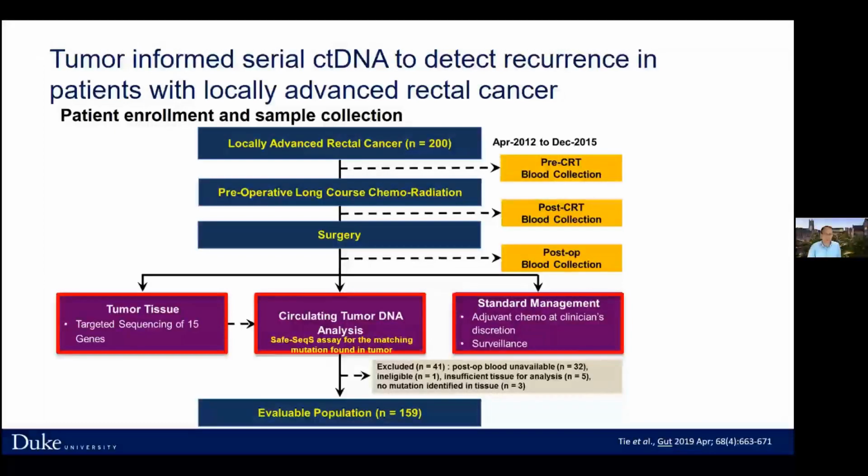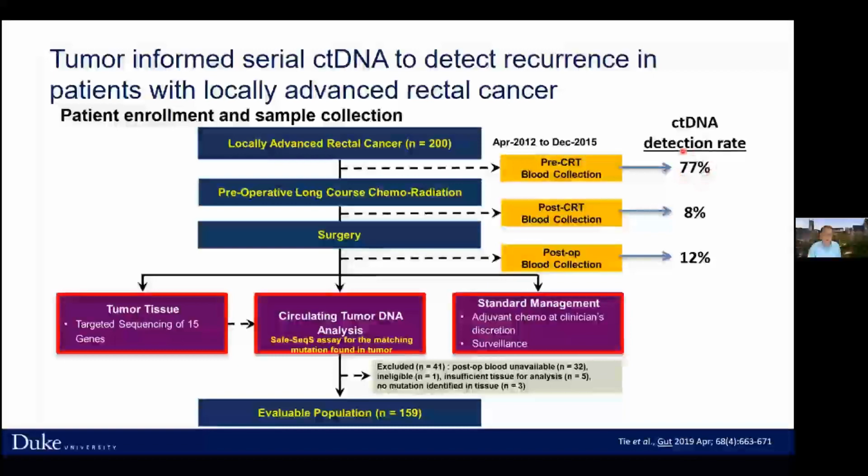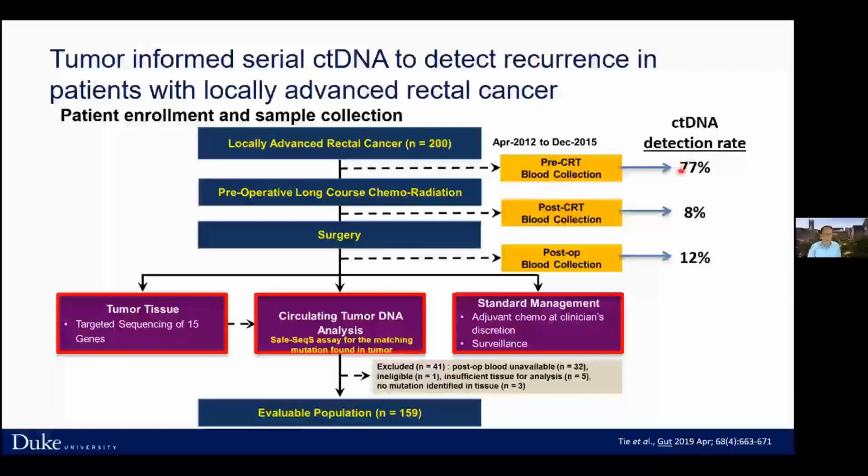And so I thought I would throw in this data also from the same Australian group, where they took 200 patients with locally advanced rectal cancer, collected blood before chemoradiation, after chemoradiation, and then after surgery, and looked at the prognostic impact of the assay at those time points. I will point out that ctDNA detection rate was 77% before chemoradiation, 8% after radiation, and then 12% postoperatively.